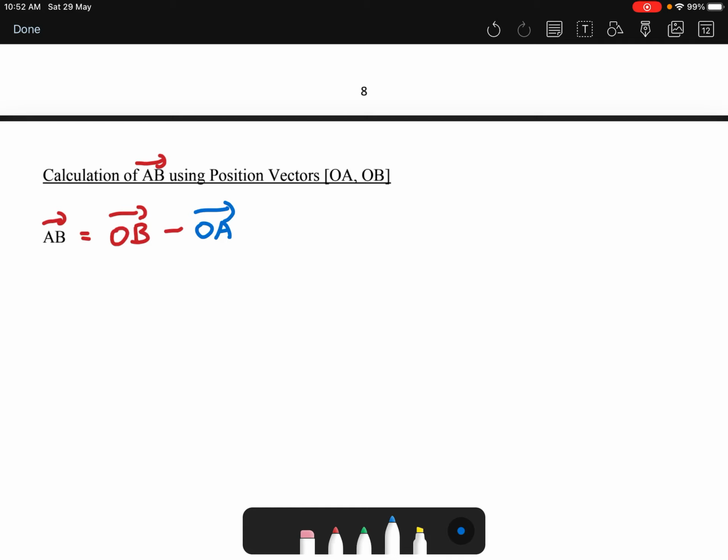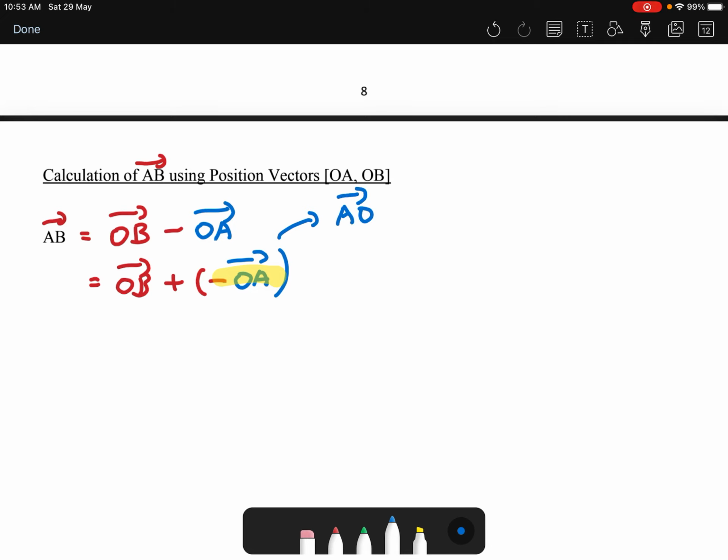OB remains. Then, because for vectors I try to get rid of the negative sign, plus negative OA. Negative OA itself must flip, right? It is equal to AO.